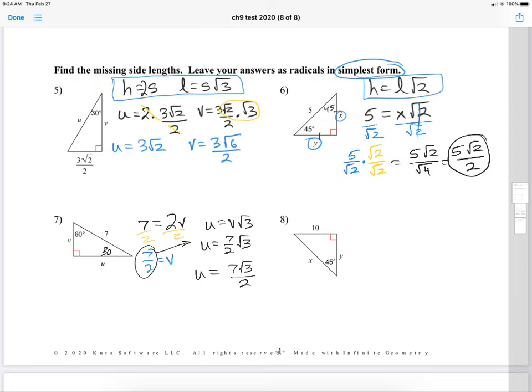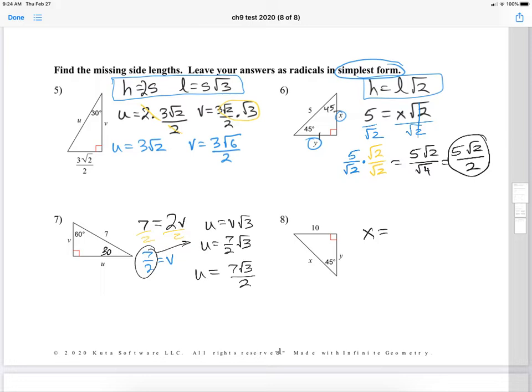Now go to number 8. It is a 45, 45, 90 degree triangle. So now what we're going to do is use the formula above number 6. So the hypotenuse, in this case, is x. Again, that's the biggest thing, being able to identify what kind of triangle you have, what the formulas are, and then substituting what is a short leg, long leg, and a hypotenuse, or if the legs are the same.